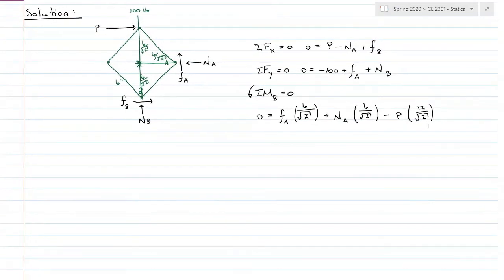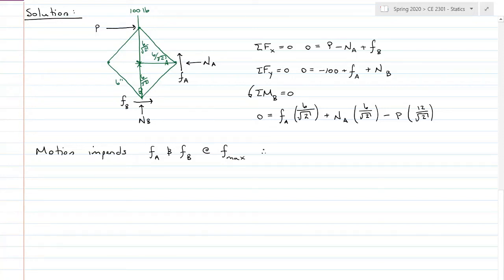But is it really? Okay, motion impends, which means friction A and friction B are at a friction max, right?